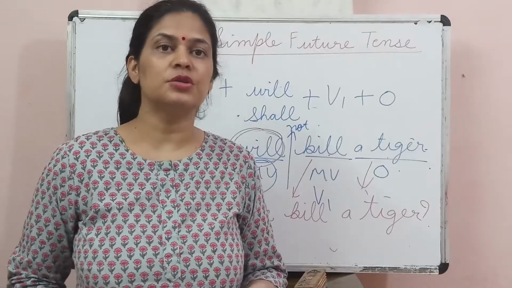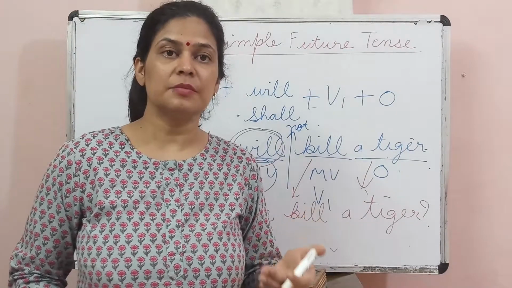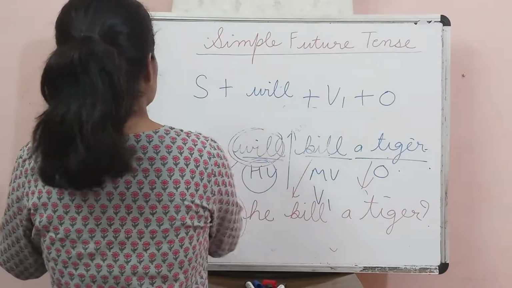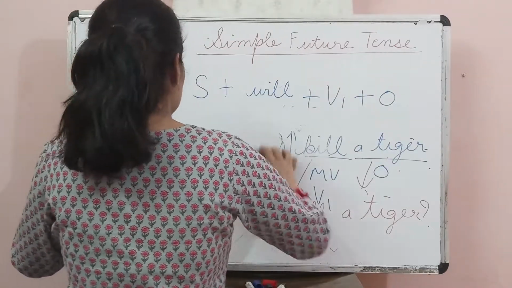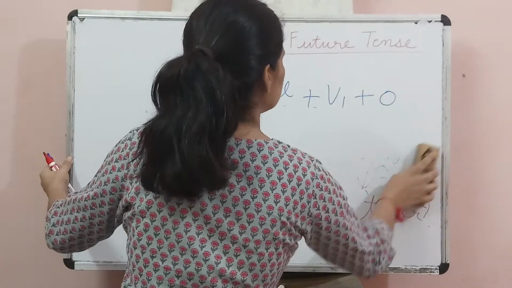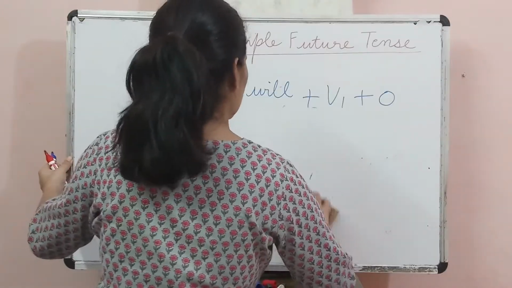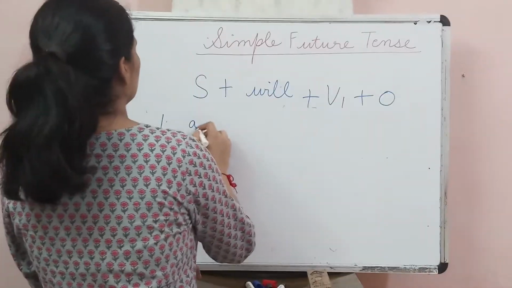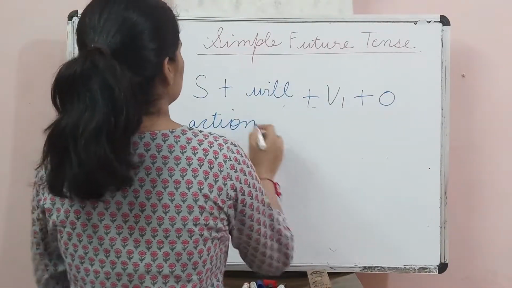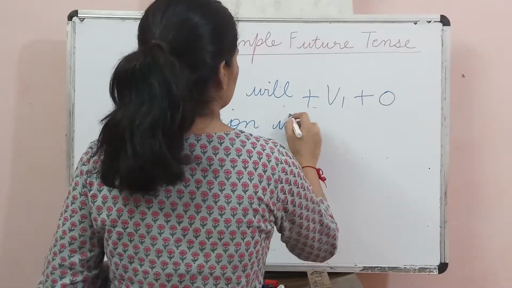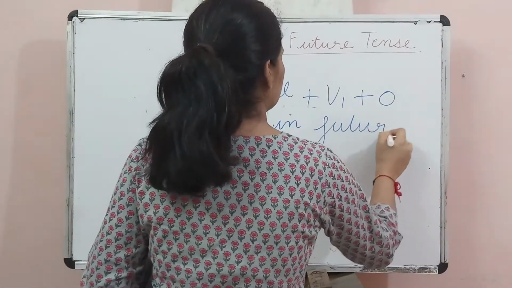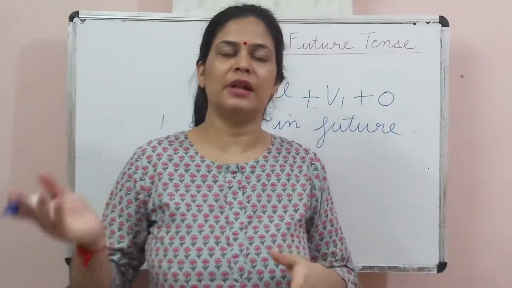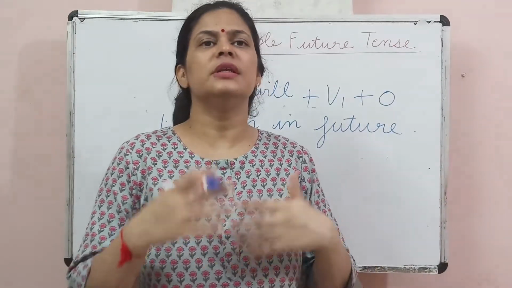Now we will move on to how we use the simple future tense. So let us see the usage of simple future tense. Remember, there are two usages that you need to remember. One is a probable action in future time that has a probability of happening, like I will go, I will come, he will come there. So all these are possibilities.